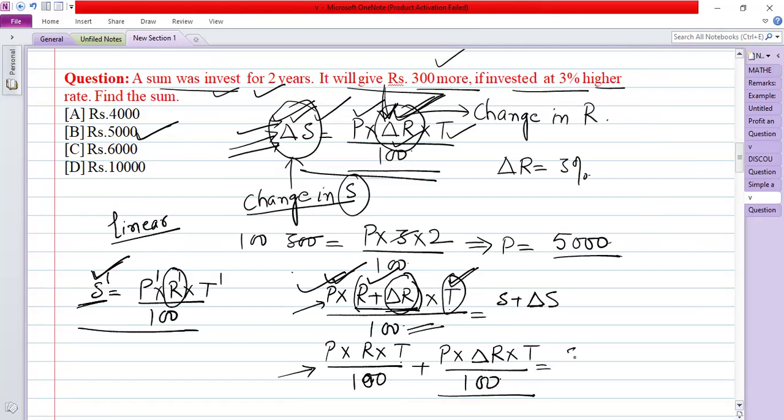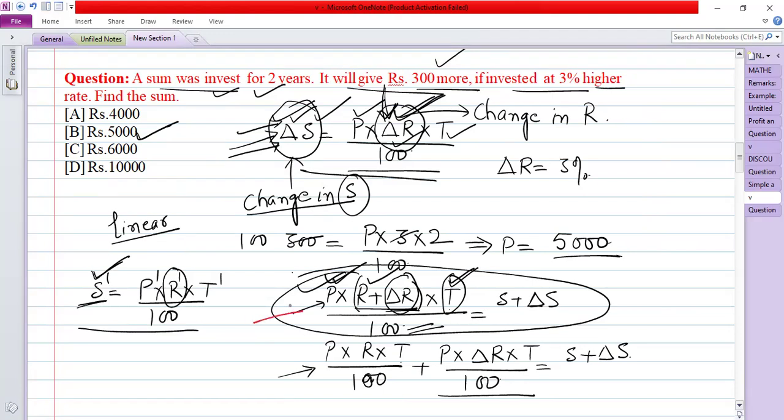And this is equal to obviously S plus delta S. So what is the meaning of this equation? It simply means that if we are changing the rate, then there will be a change in the simple interest also. Delta R is the change in the rate, and delta S is the change in the simple interest.